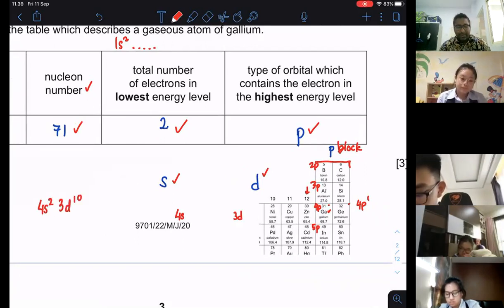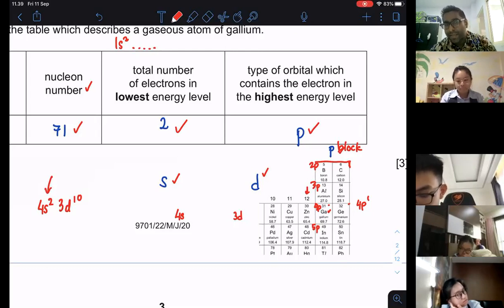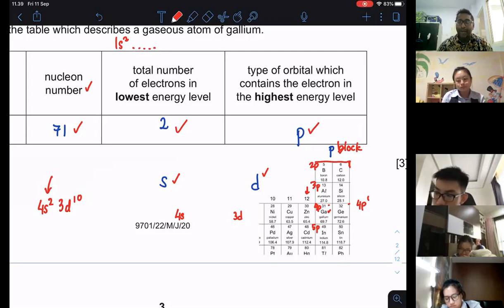If I want to remove electrons from zinc, the first electron I remove must be from the lowest energy level, which is 4s. You remove from 4s first before removing from 3d. There is some sort of contradiction there. Always remember, when you fill in the electrons, you fill 4s first, and when you remove, you also remove from 4s.